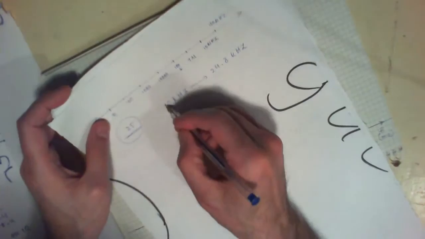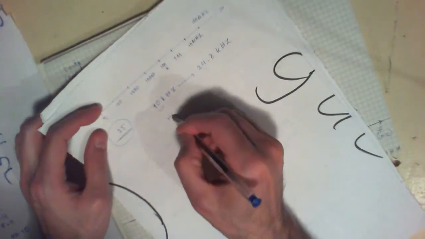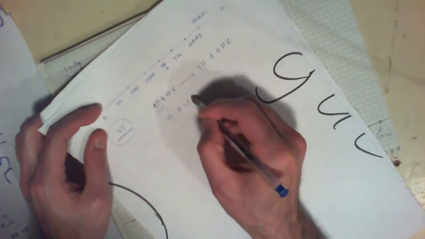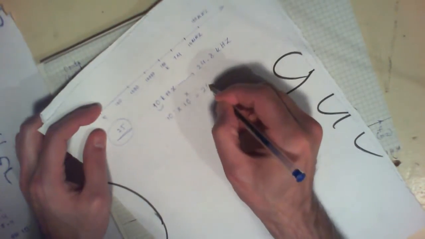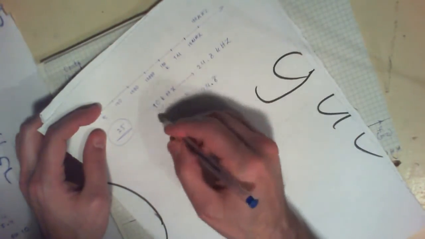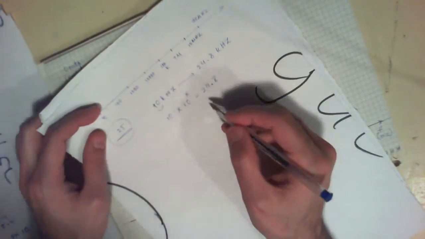So you basically need to take your 10 and multiply it by some power of 10 in order to get to 24.8. And you do this because it's a logarithmic scale. We talked about that in the previous video.